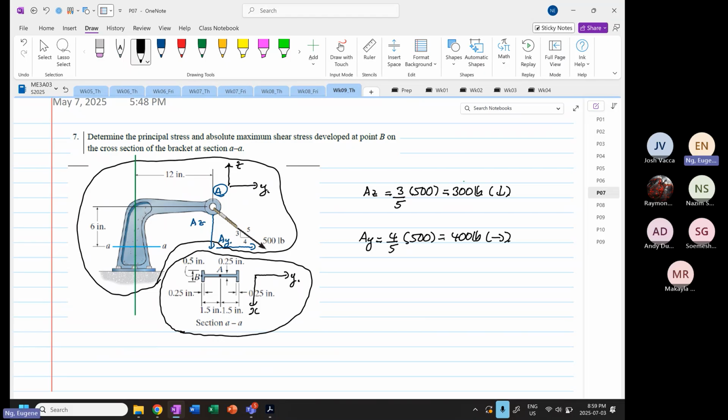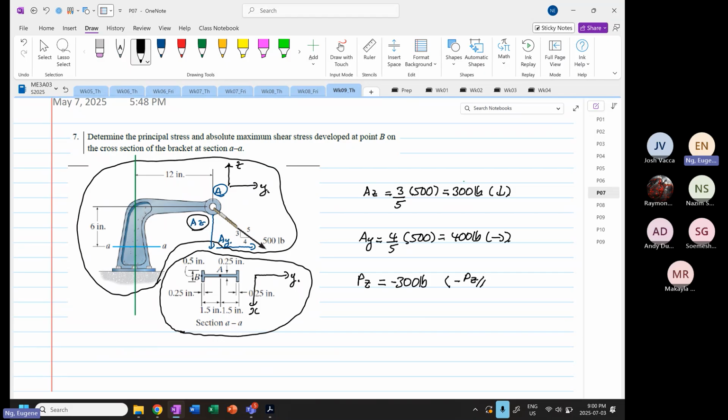When this is the case, you see that the AZ is parallel to the green line. So this is going to cause a P in the z-axis that is going to induce minus 300 pounds.